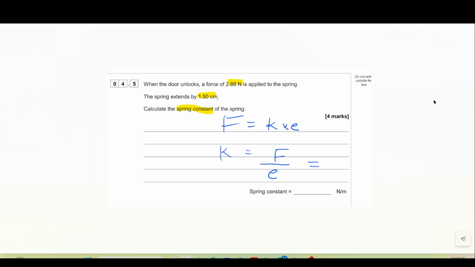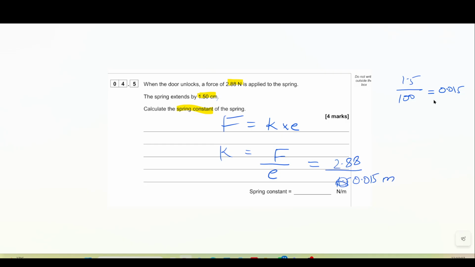So 2.88 newtons divided by the extension. You convert 1.5 centimeters to meters: 1.5 divided by 100 equals 0.015 meters.